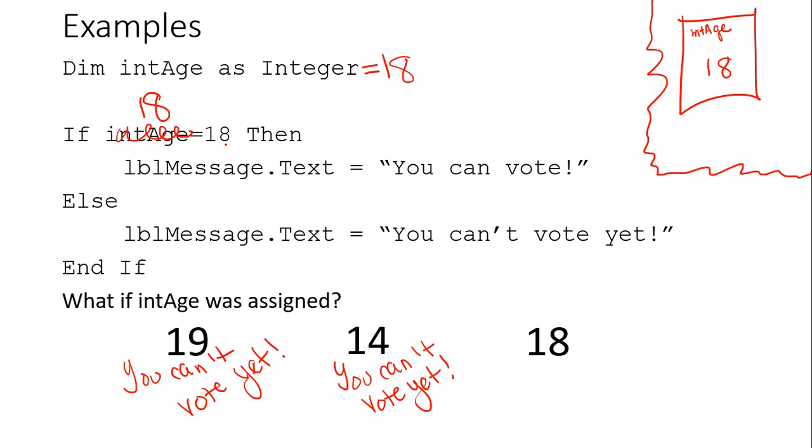And we'll be like, well, yeah, 18 100% equals 18, right? So that is a true statement. Since that's a true statement, we're going to evaluate this particular piece of it. So for 18, we would display, you can vote. Isn't that cool? That would actually show up like that for us.